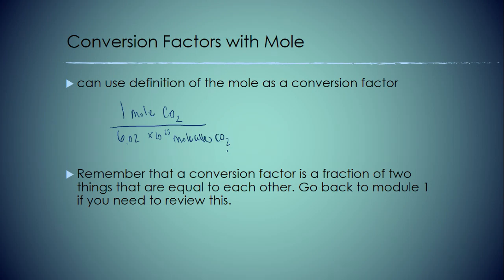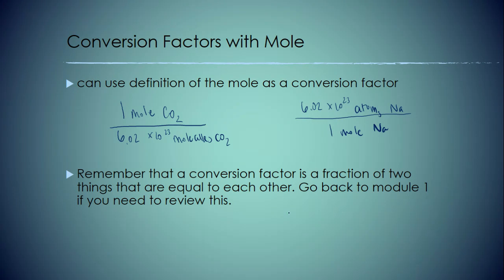That's a conversion factor. Remember that a conversion factor is two things that are equal to each other. Or you could put 6.02 times 10 to the 23rd atoms of sodium. Well, that's equal to 1 mole of sodium. So we could write conversion factors with this all day long, and we can use these to do conversions, which is exactly what we're going to do next.